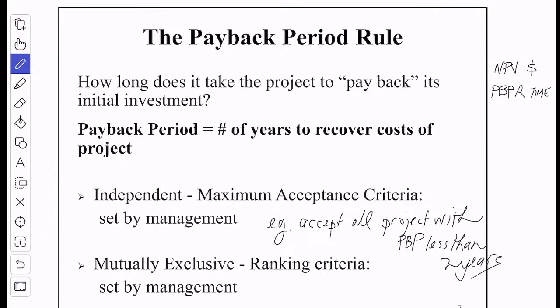So you accept all the projects with payback period less than 2 years. I can get rid of the R here, maybe. Just call it payback period. I think I fluctuate between using the longer acronym.